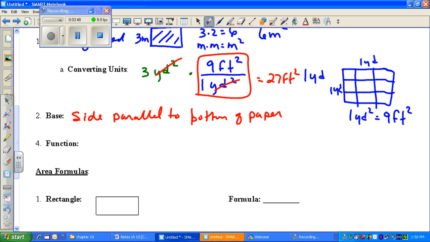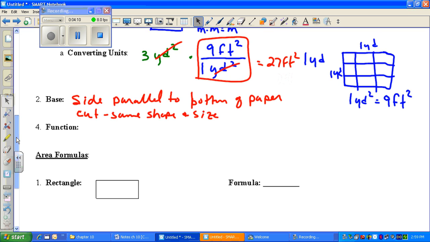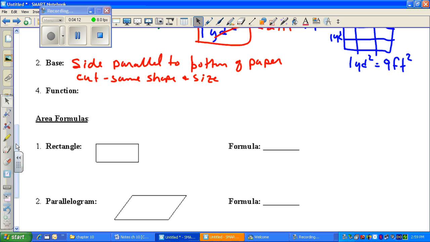So we kind of looked at this when we were looking at our prisms, and we said it needed to sit on the flat triangular piece so that when I did a cut, a cross-sectional cut, I got the same shape and size every time I took that cut. And we'll be looking at some of those in class so you can get a better idea there.